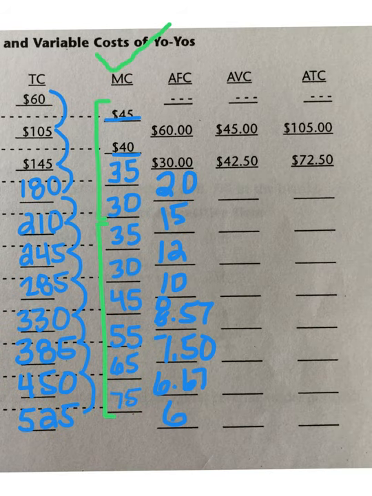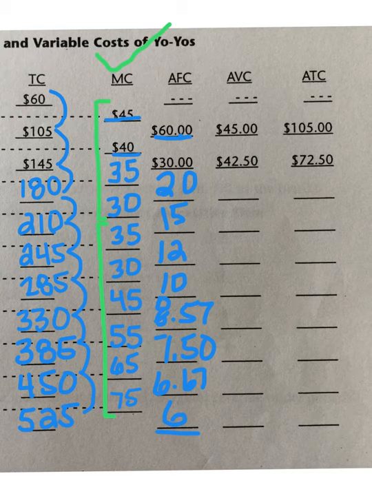If you take the same number and divide it by increasing numbers, you're going to get a continually smaller number. So average fixed cost starts at $60 and goes all the way down to $6. And so that would be that hallmark decreasing average fixed cost curve.